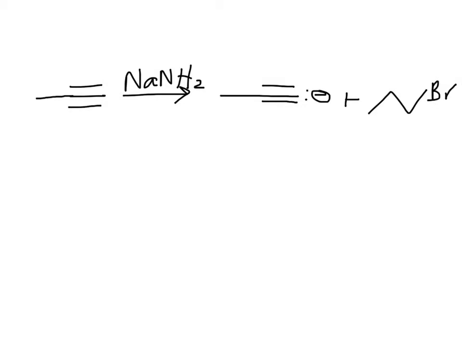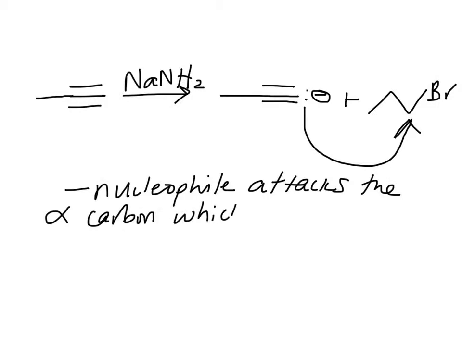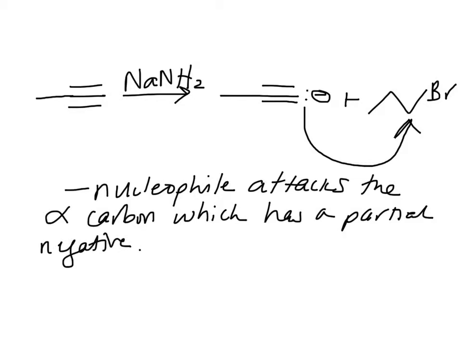So, the negative carbon attacks the alpha carbon, so the nucleophile attacks the alpha carbon, which has a partial negative because of the electronegative halogen.